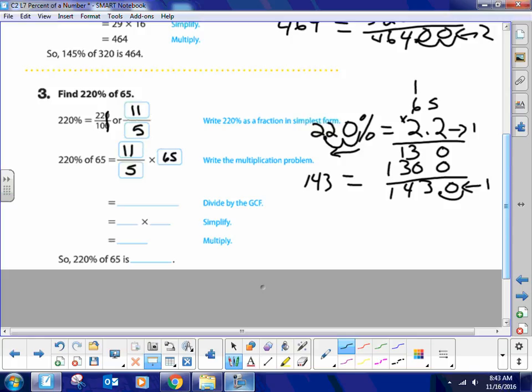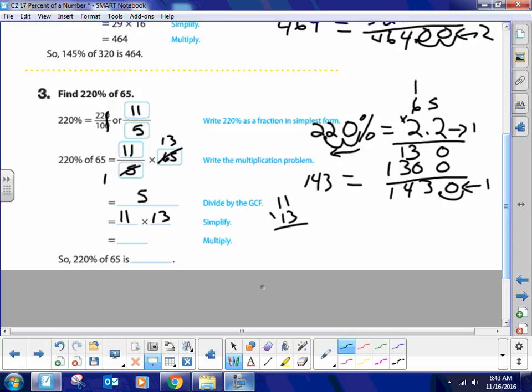You divide by the GCF, which is 5. The greatest common factor is 5. So this turns to 1, and 65 divided by 5 is 13. So now you have 11 times 13.